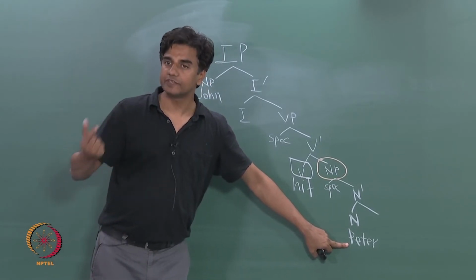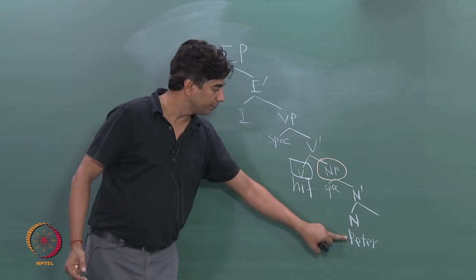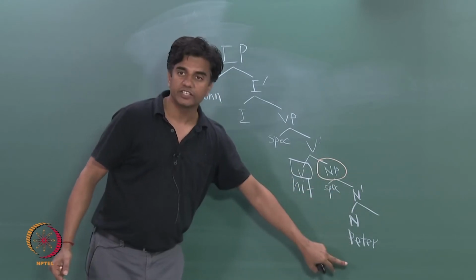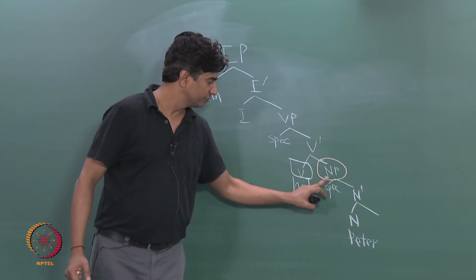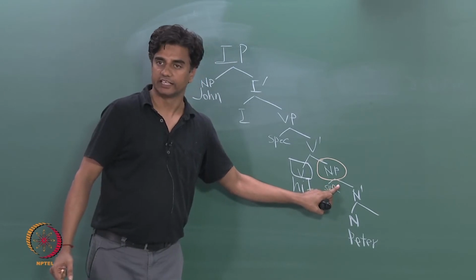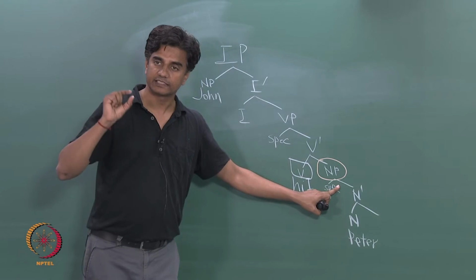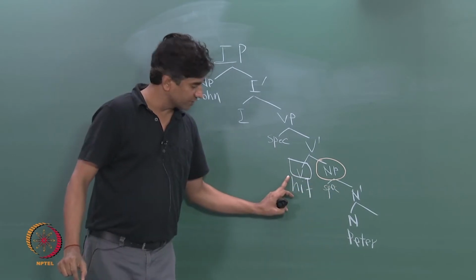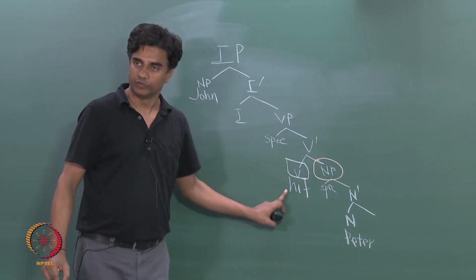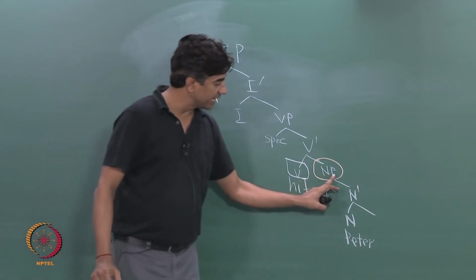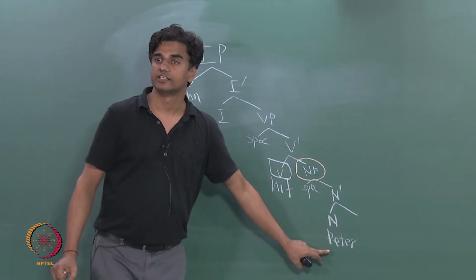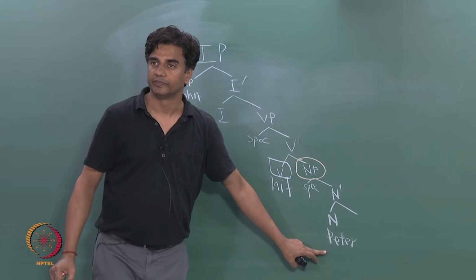As long as we know the whole NP is Peter, we can just write it here. But conceptually we need to understand with clarity that the object of this head, V, which is hit, is the entire NP, not just the head of this NP.